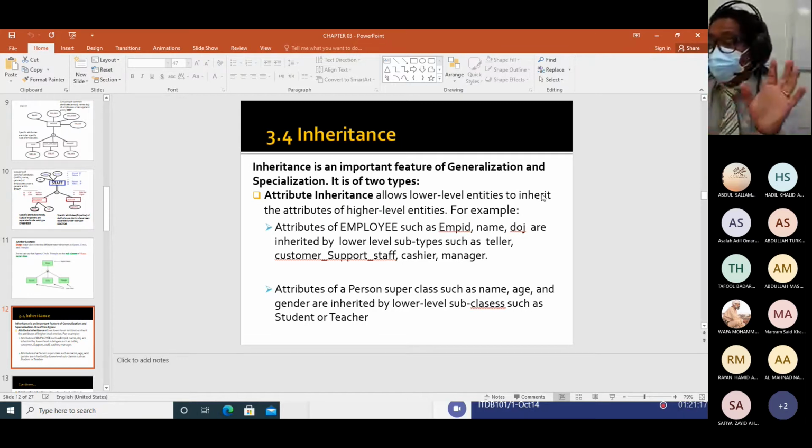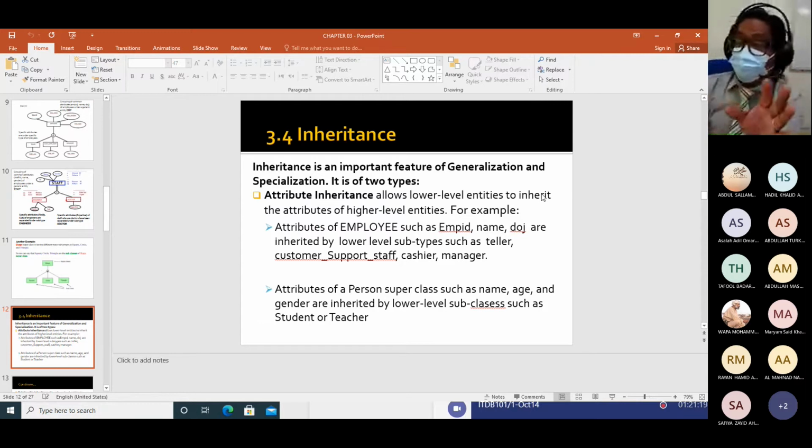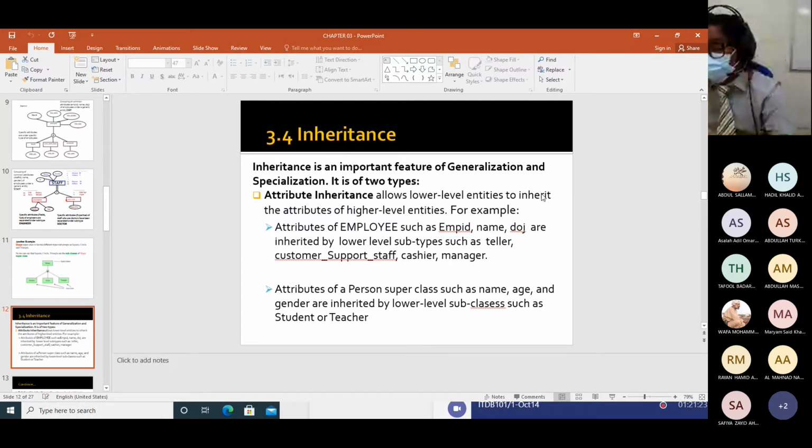We only apply the word inheritance because whatever the upper class has, it will be inherited by the lower class. Whatever the higher level entities have, it will all be inherited by the lower level entity at the bottom. But we define this by specifically two types.